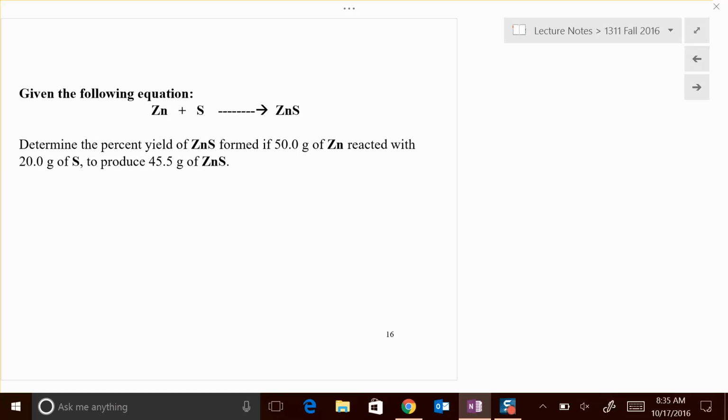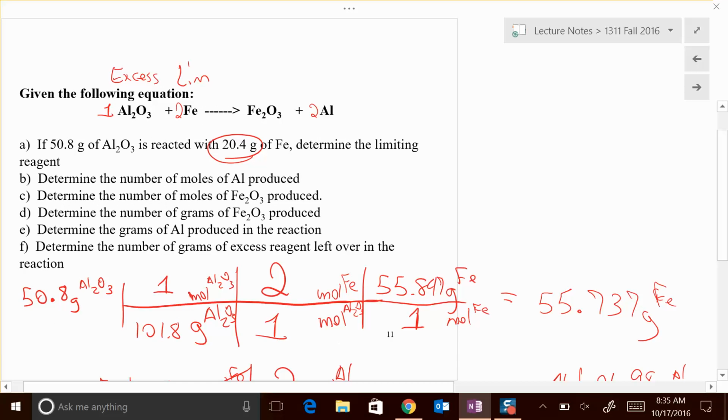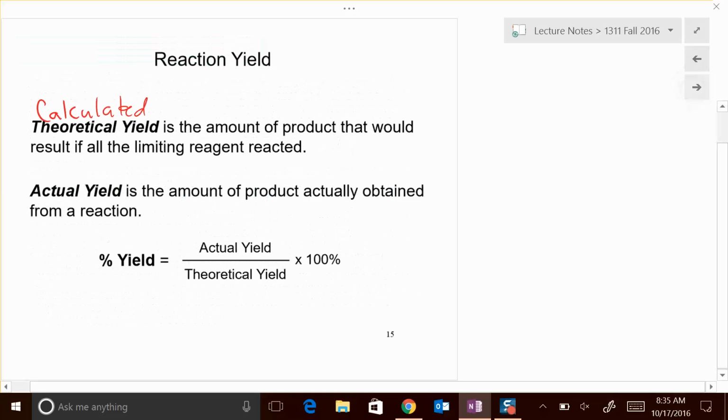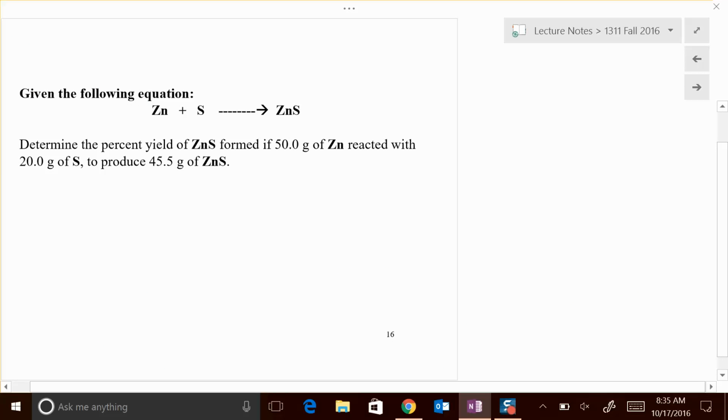And we determined how much zinc sulfide was produced. So let's just go back and look at it. We said that we produced 60.79 grams of zinc sulfide. So if I want to find my percent yield, what did I say? That's good enough. Grams of zinc sulfide.